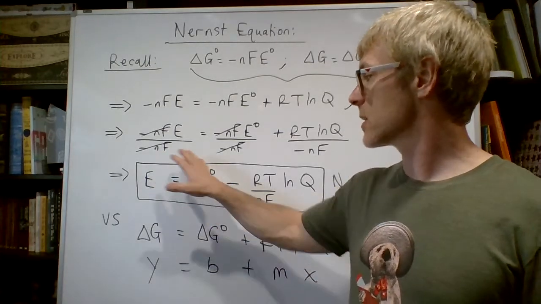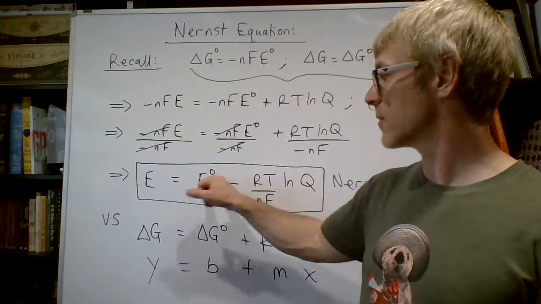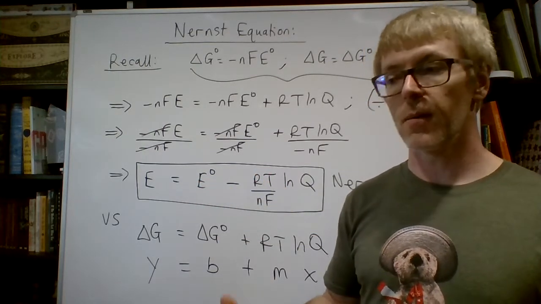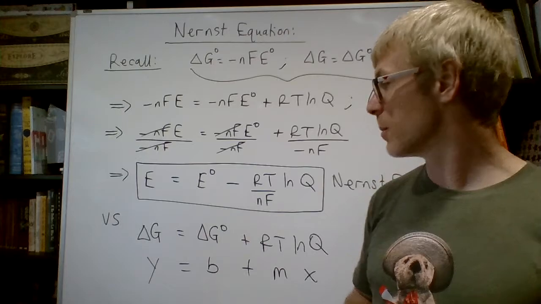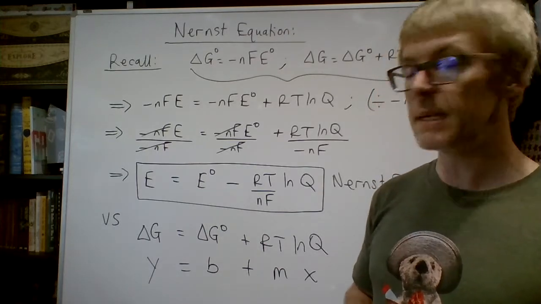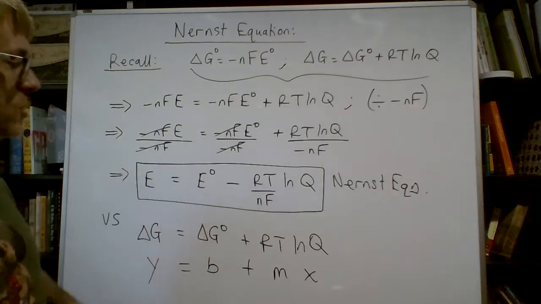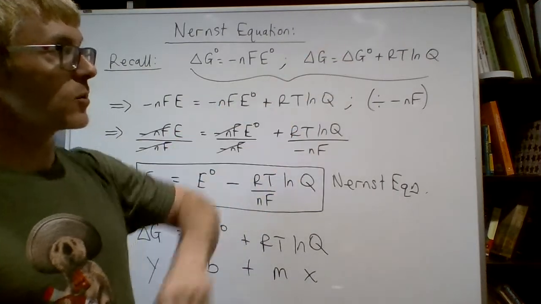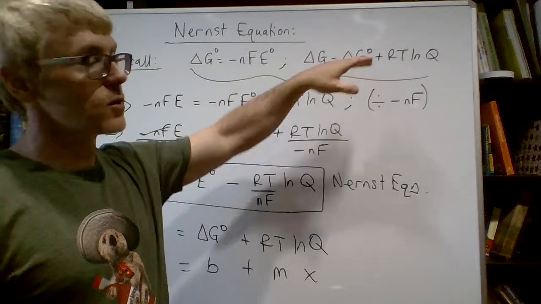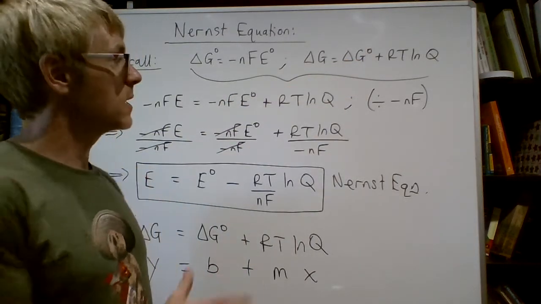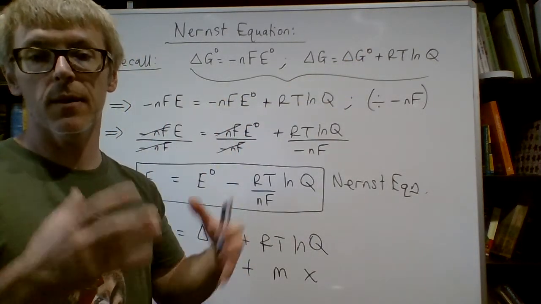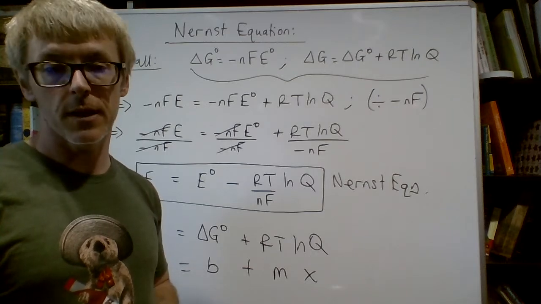But this essentially tells you that there's a temperature sensitivity to voltage, as you might expect from consumer appliances. Okay, so again, this is the Nernst equation, almost identical to the canonical Gibbs free energy equation, because both are exactly the same thing. Both are the second law of thermodynamics.